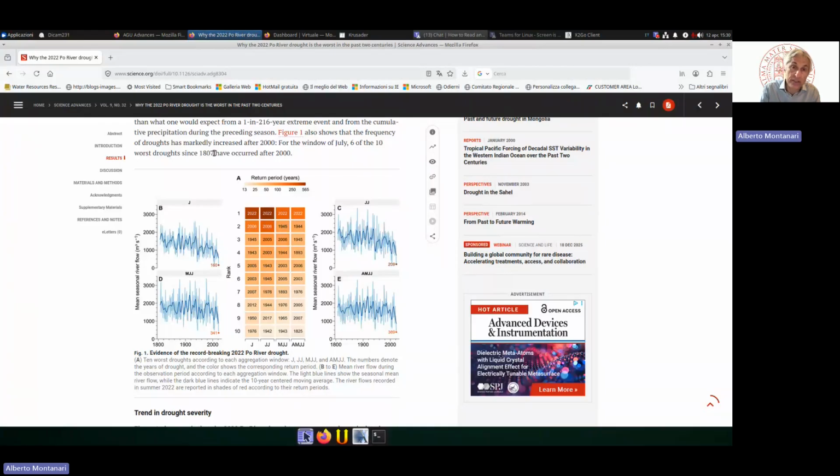Just an additional detail: in each of the four figures, you see reported, in color ranging from light red to dark red, the value of the river flow in the corresponding season. And the color is providing an estimate of the return period.